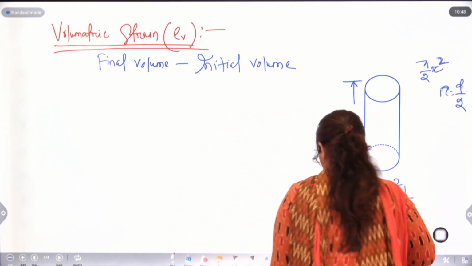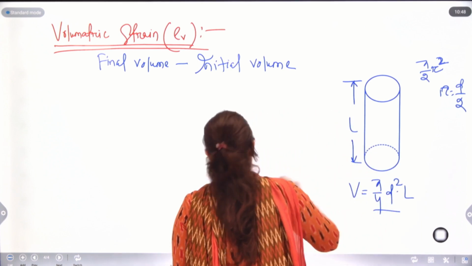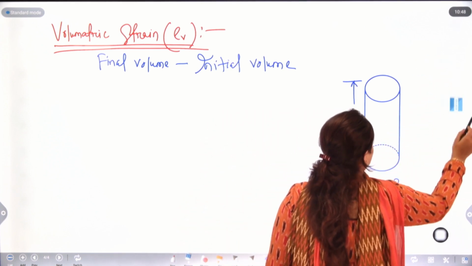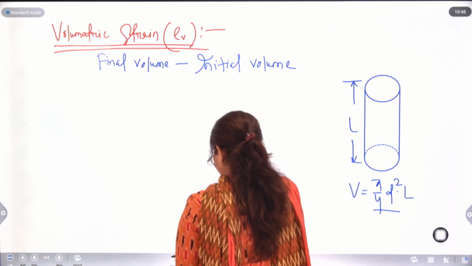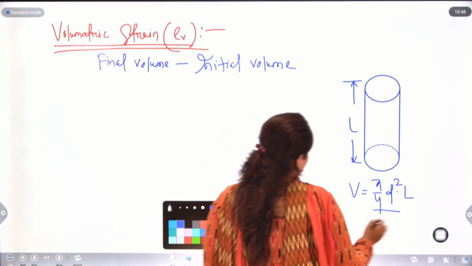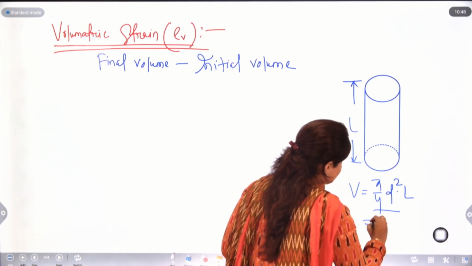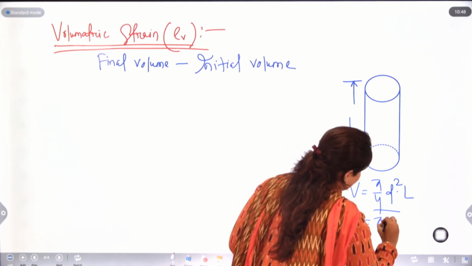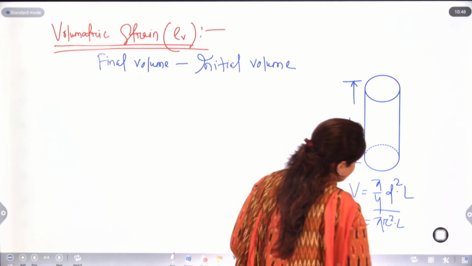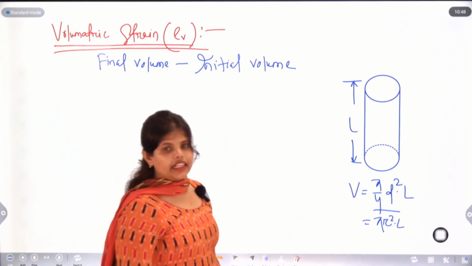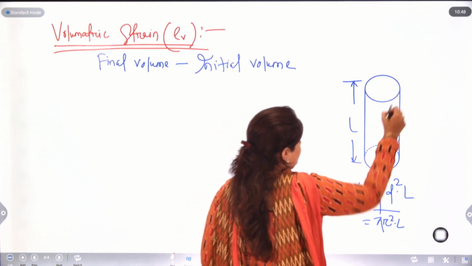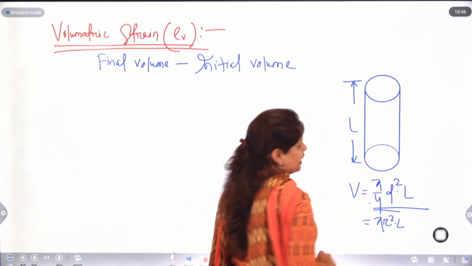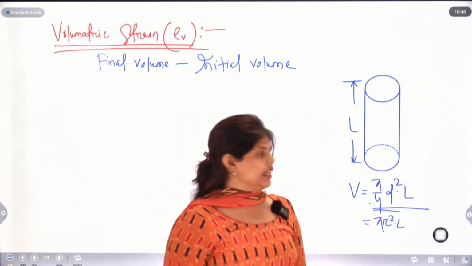If the radius is given, we can also write pi r square into L. We can write these two formulas. So we have pi by 4 d square L as the initial volume.